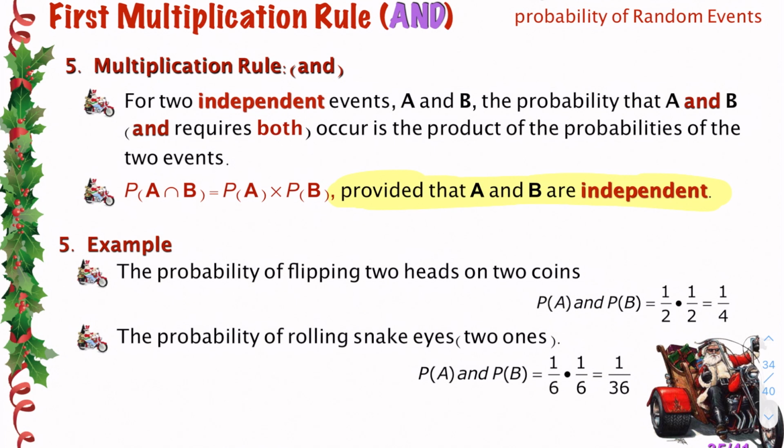Again, one does not influence the other. For example, flipping two heads on two coins would be 1/2 times 1/2, or 1/4, as we saw in our diagram. The probability of rolling snake eyes, which is two ones, is the probability of getting 1 out of 6 times 1 out of 6, or 1 out of 36, which we could see in multiple different visualizations.